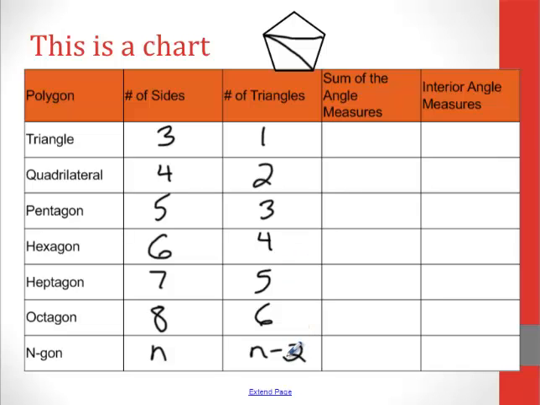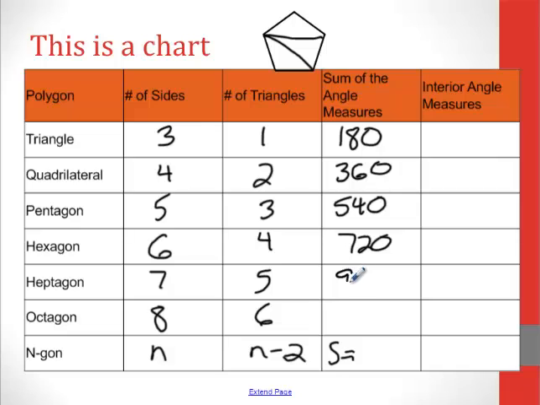So as we're going through, we're going to start creating a formula for the sum of the angle measures. The sum of the angle measures will be something here. We know each individual triangle has 180 degrees. So 2 triangles, 360 degrees, 3 triangles, 4 triangles, and each time, because I'm adding a triangle, I'm just adding 180 degrees.